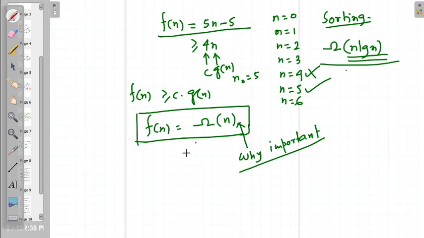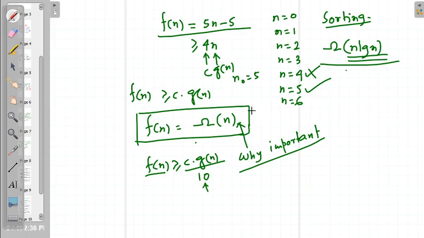So f(n) greater or equal to C g(n), mind you here. If C g(n), say I am taking 10, that means f(n) is 10 or more. That means that is the lower bound. So for sorting algorithms, the lower bound is n log n, meaning n log n time will be taken in general, for general input.